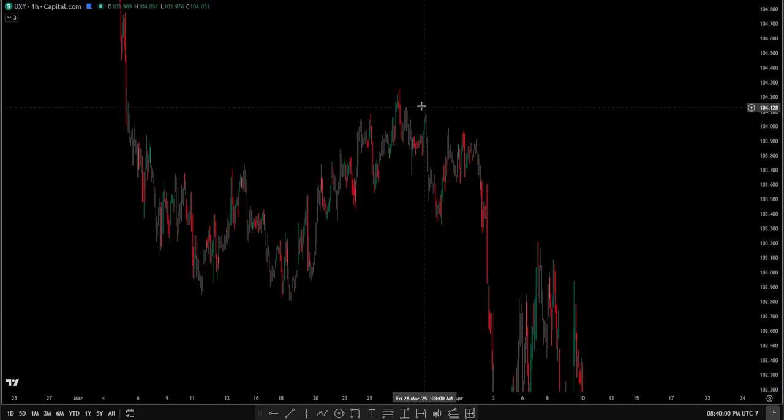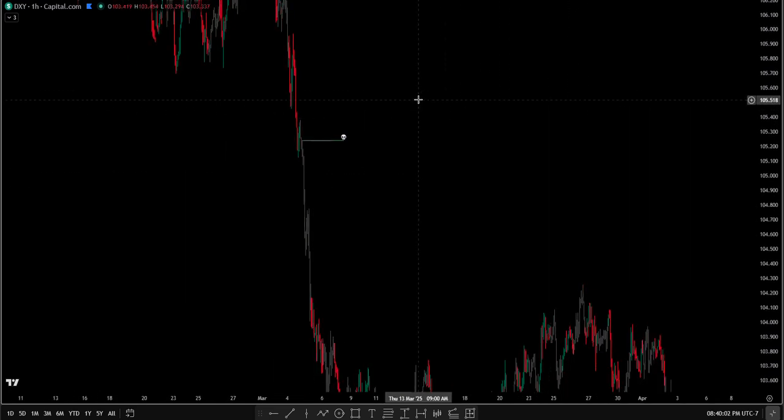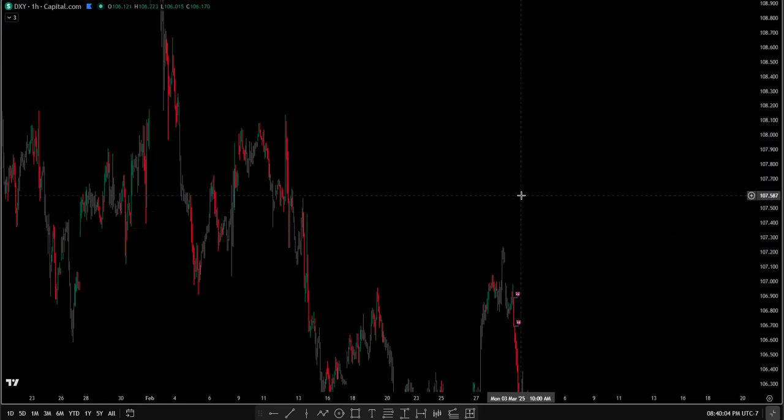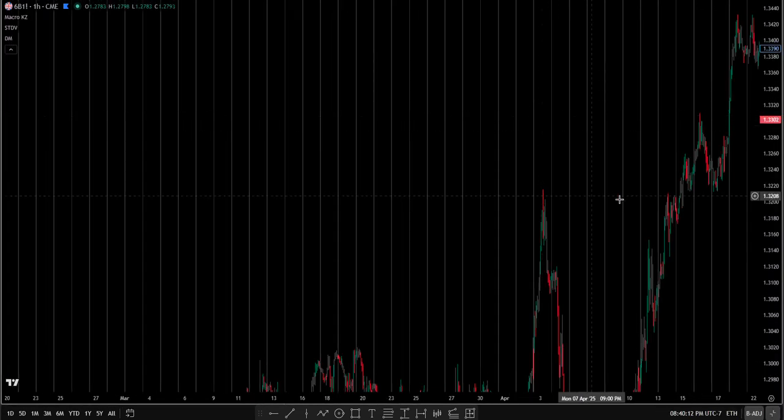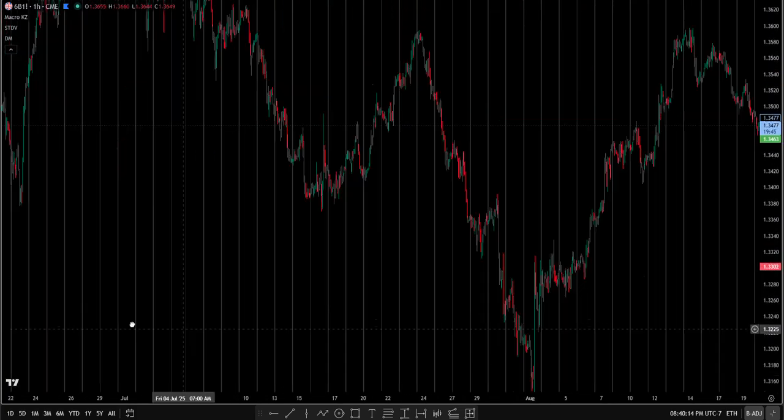This right here is real smooth. The only obvious one is GBP with the equal lows down there. This is the only obvious trade that I can see happening.